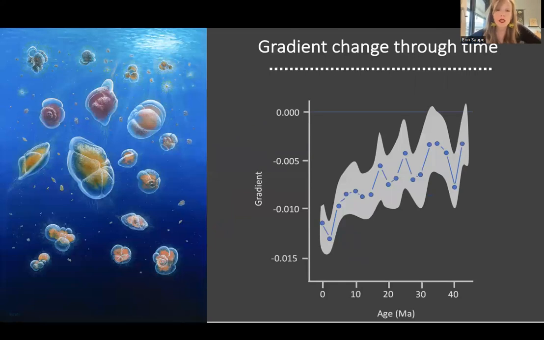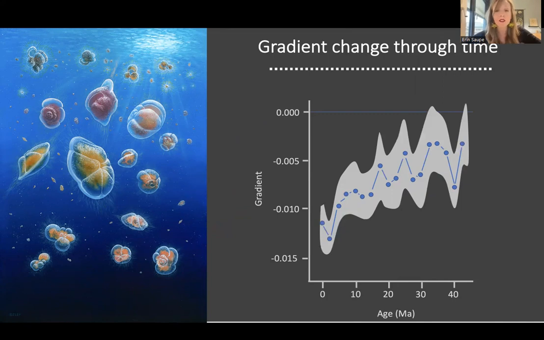So using the diversity gradient estimates that we got previously, either through our subsampling approach or the centile approach, we could then actually quantify the gradient or the actual slope of those diversity gradients over time. And what we did was we standardized within each time period.